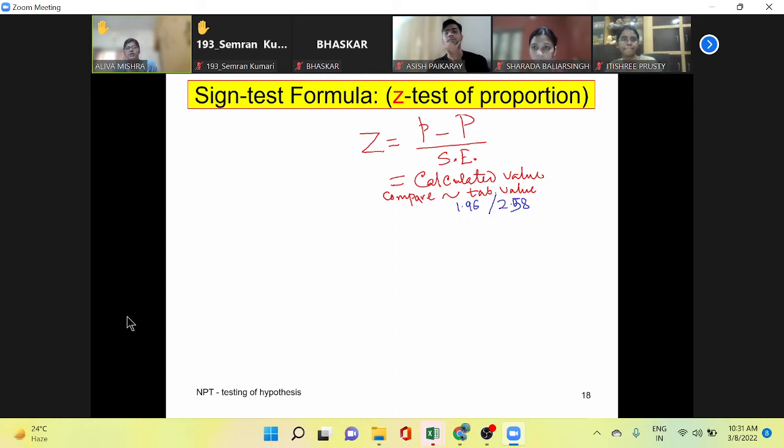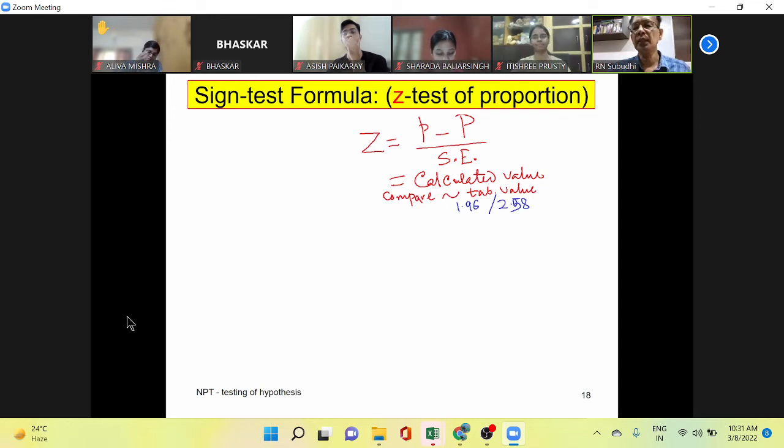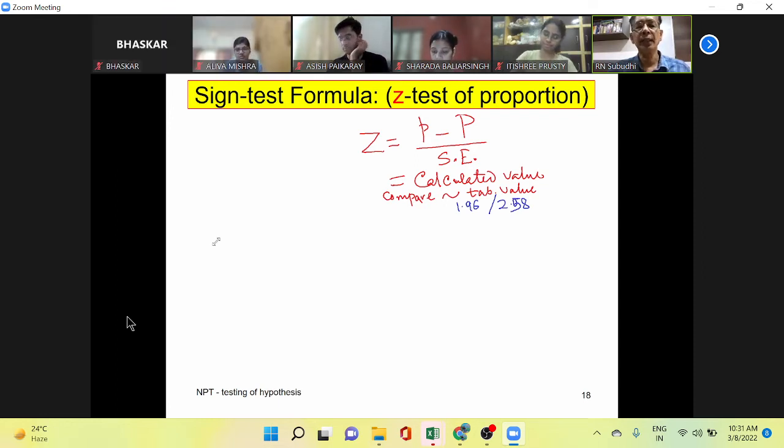Root over capital P into small p by n? Capital P, capital Q by n. Sorry, capital Q. Easy question. All of you write: standard error equals capital P into capital Q by small n, whole under root.